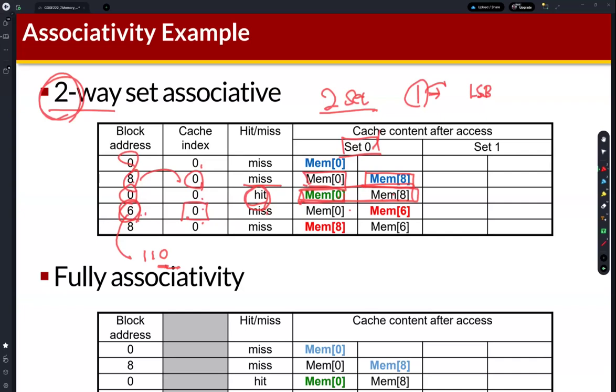So what does that mean? Actually, in the direct mapped cache, if a new cache block is requested and missed in the cache, then the original block is evicted from the cache, and then the newly requested block is allocated.